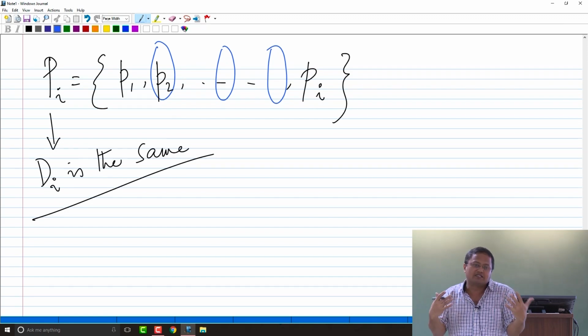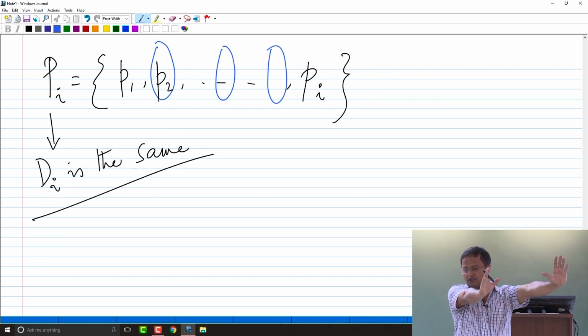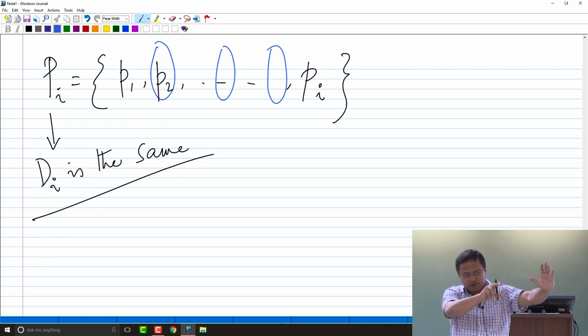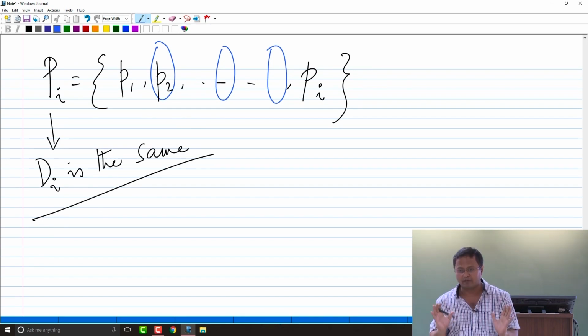So the essential idea was I condition on one permutation. And then we argued that whichever random permutation you take, capital Di is the same. That property of the geometric structure remains invariant. The order does not matter.